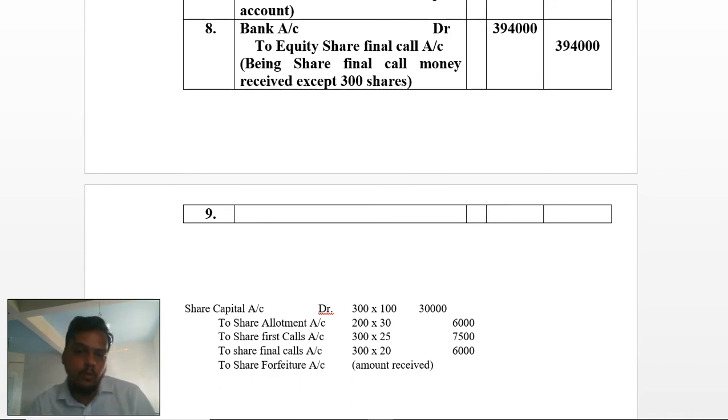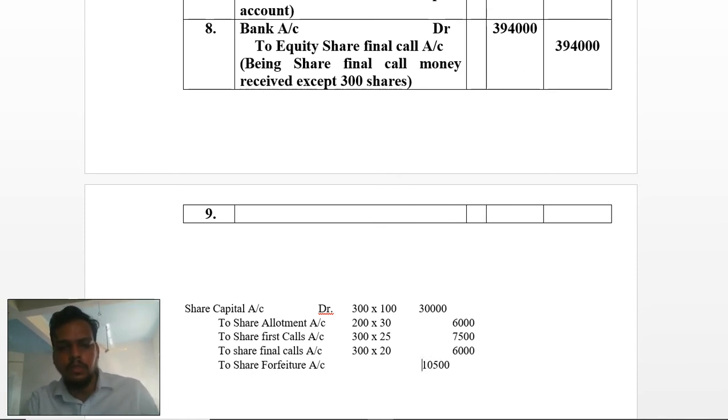But what to forfeit? The amount which has been received by us has to be forfeited. On application we have received 25 rupees each. So how do we calculate the amount? 6,000 plus 6,000 is 12,000. 12,000 plus 7,500 is 19,500. The amount received is to be written here as 10,500.